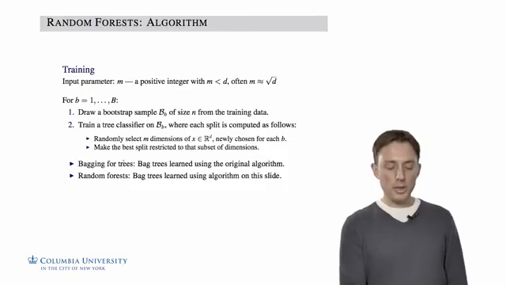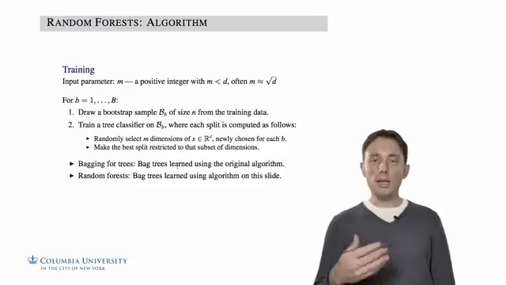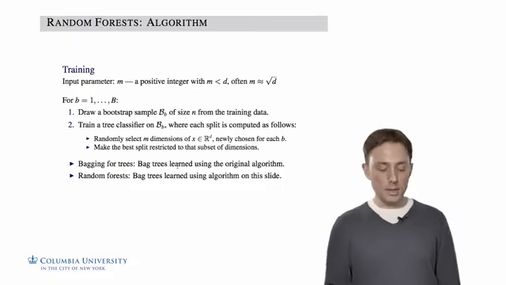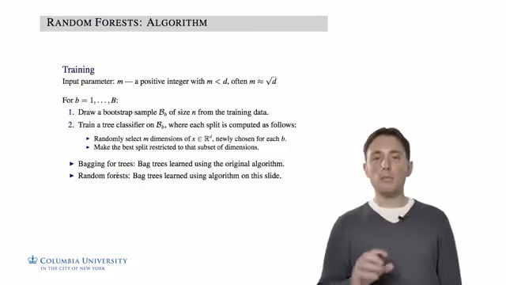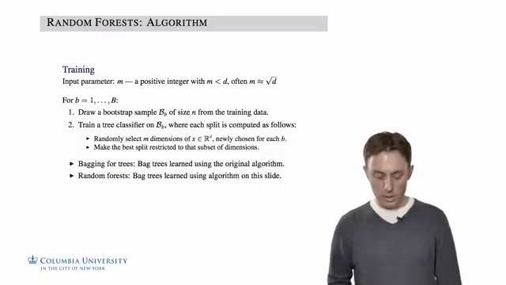So the difference between bagging of these trees and random forests is that when we bag trees, each tree that we learn on the bootstrap data set uses the original algorithm we discussed, whereas with random forests, we also bag trees, but each tree is now learned using only a random subset of the original d dimensions. And so what this is going to do is break down the correlations between the trees that we learn.